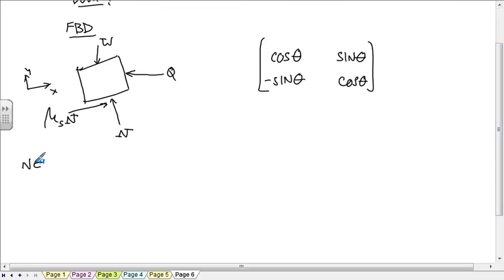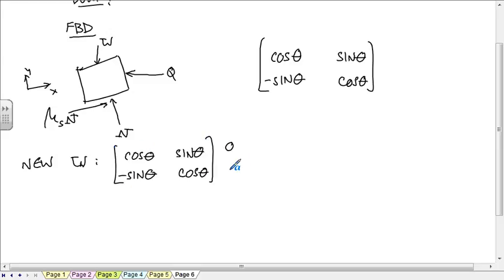And so the new rotated weight is cosine theta, sine theta, negative sine theta, cosine theta, times 0, negative w. And we get values of negative w sine theta, negative w cosine theta.